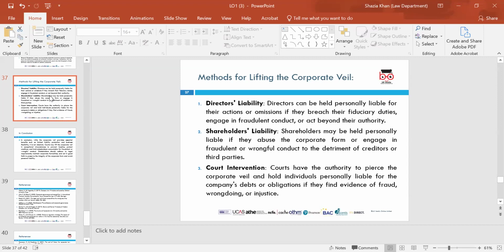Court intervention. This is where courts have the authority to pierce the corporate veil and hold individuals personally liable for the company's debts or obligations if they find evidence of fraud, wrongdoing, or any sort of injustice.